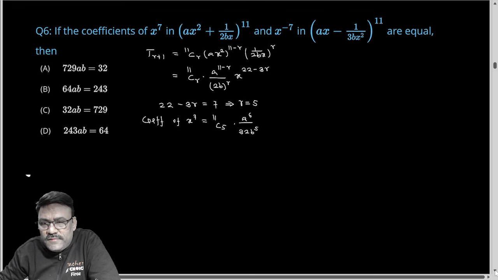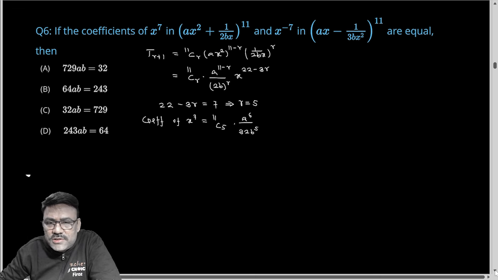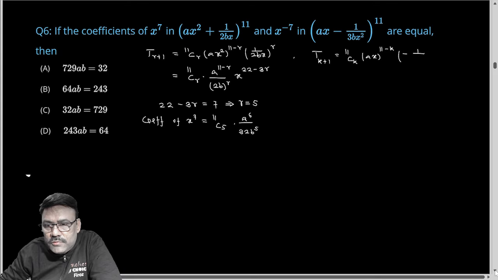Now let's move to the second expansion. In this second expansion, if I find the general term, let's say general term is T k plus 1 here. So it is 11 Ck (ax) raised to 11 minus k, minus 1 over 3bx square raised to k.